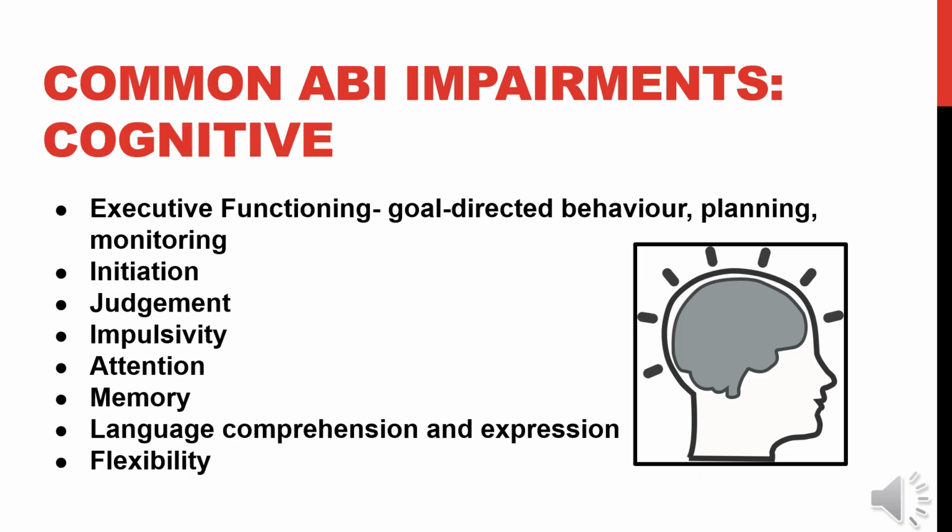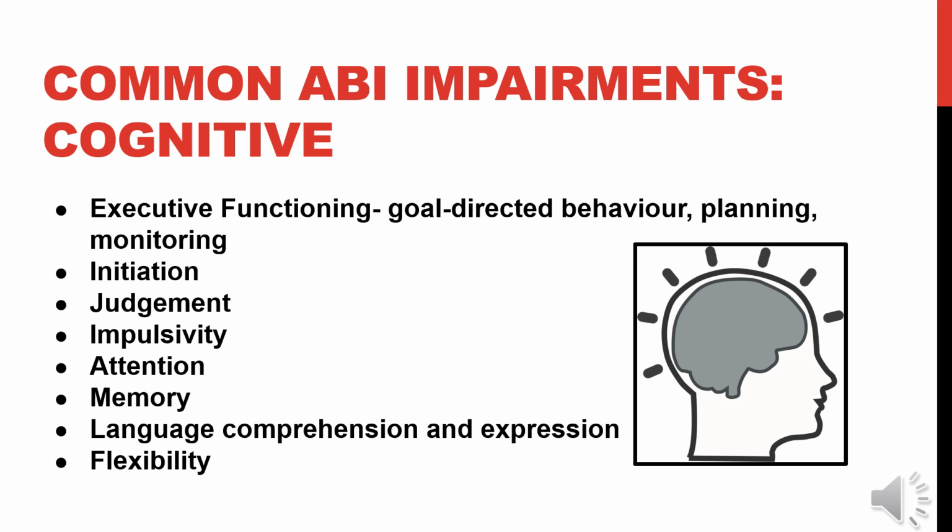Next, let's consider some common cognitive impairments within the ABI population. Alterations in executive functioning, which may cause impairments in the ability to implement or carry out goal-directed behavior, poor planning, and poor monitoring of behavior.